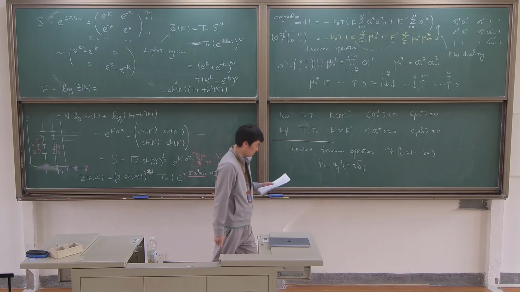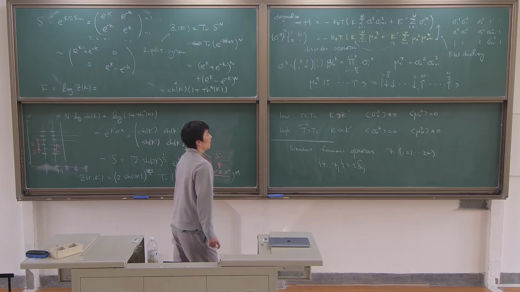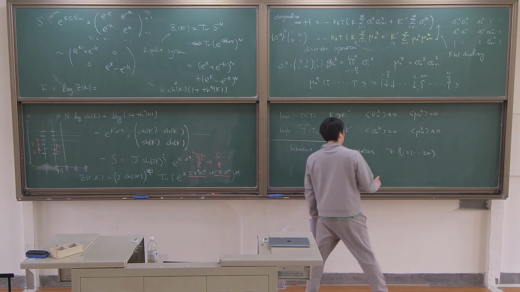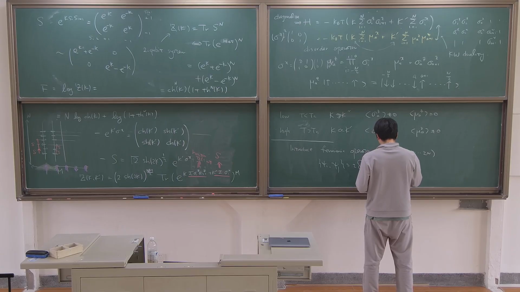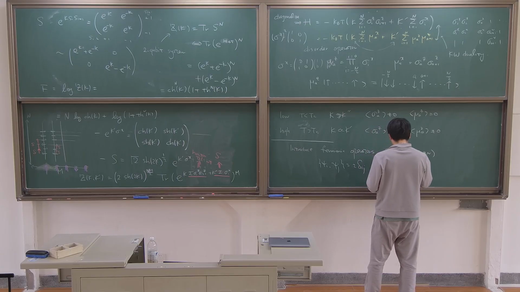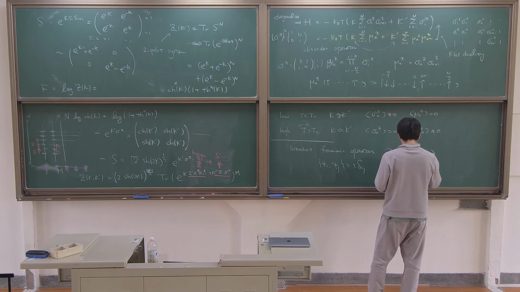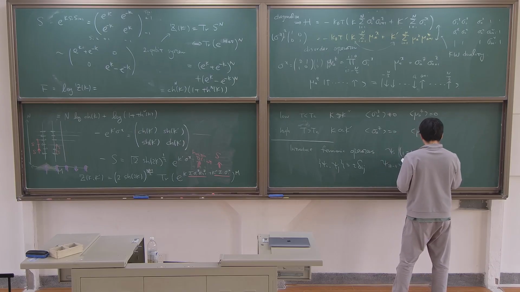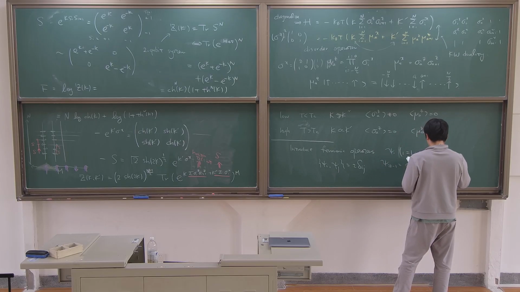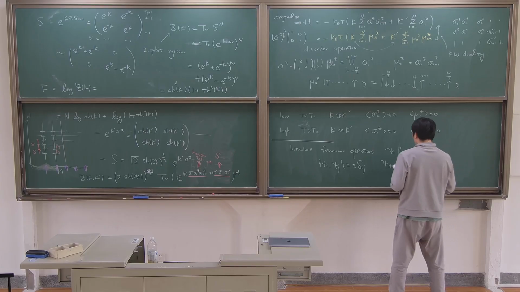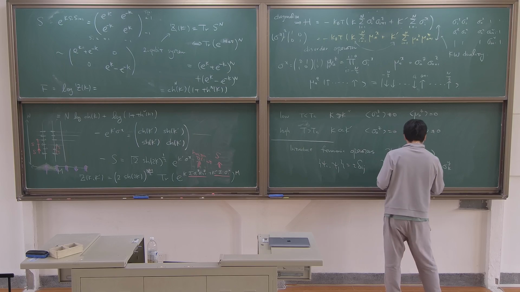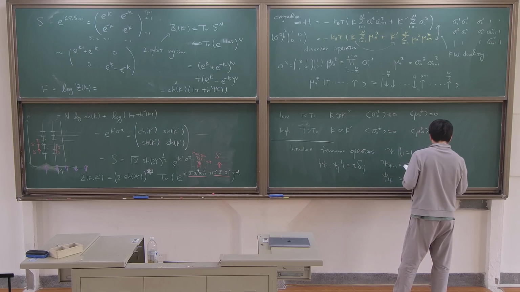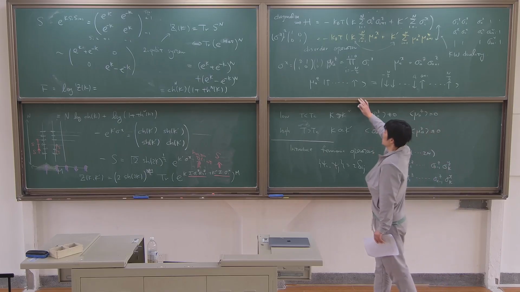This can be achieved by introducing the following, with 2k minus 1, like this way.